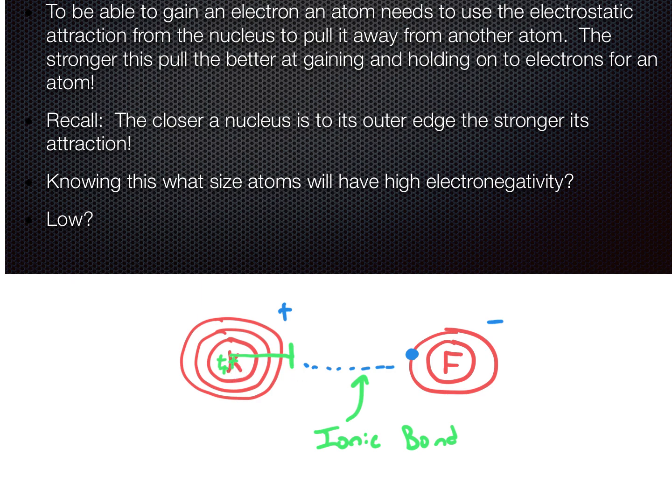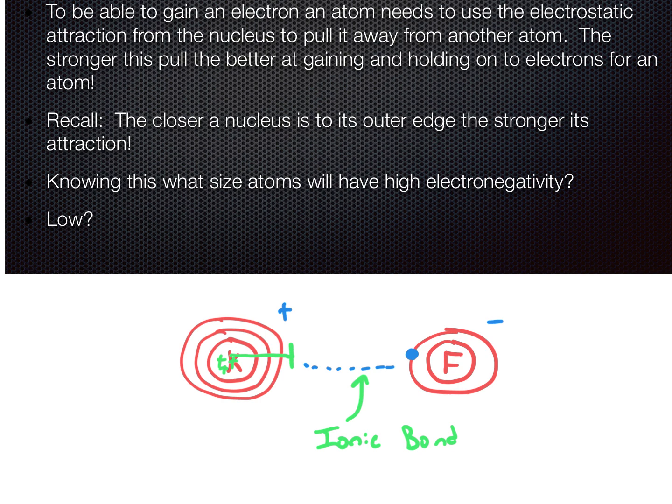But because fluorine's nucleus could get closer to that energy level than potassium's nucleus, it won out. It pulled the electron away, essentially removing it, causing it to become a -1 charge, leaving potassium as a +1 charge. With this illustration in mind, what size atoms would you expect to have the highest electronegativity?